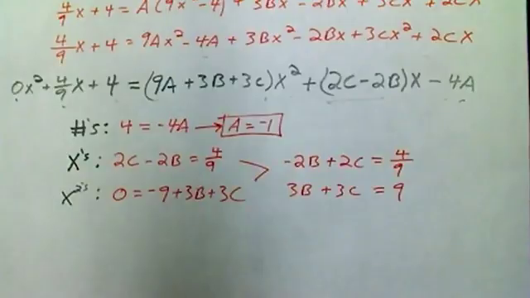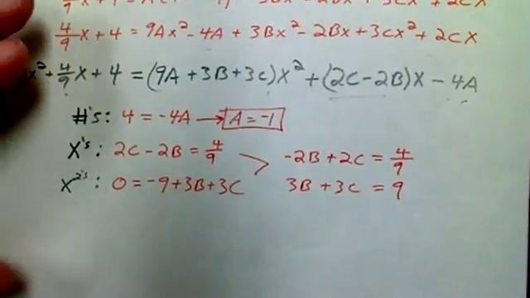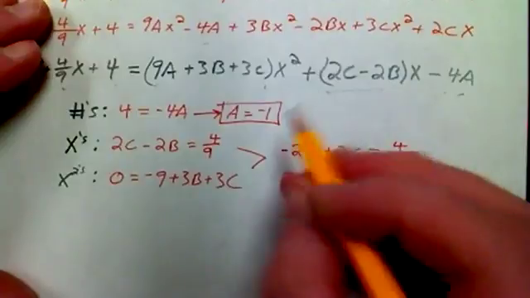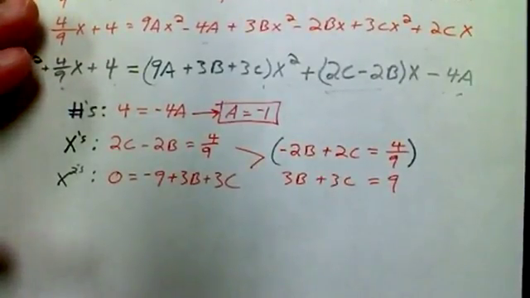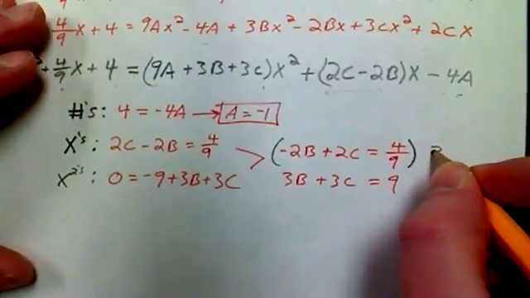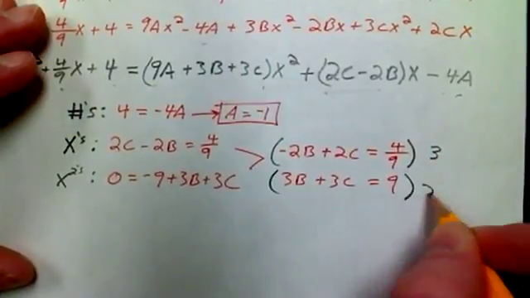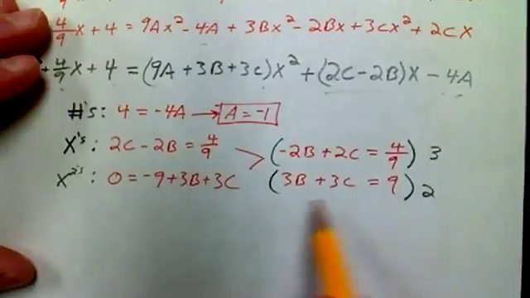Now, when you go through this, it's a little messy. You can go through, you can use your calculator, however you want to do it. Basically, the route I took is I did this. I said, okay, well, I'll multiply this one right here by 3, and I'll multiply this one by 2 with the idea of canceling the b's.